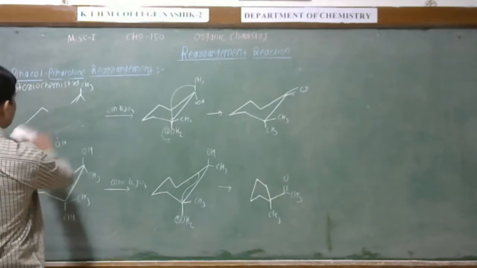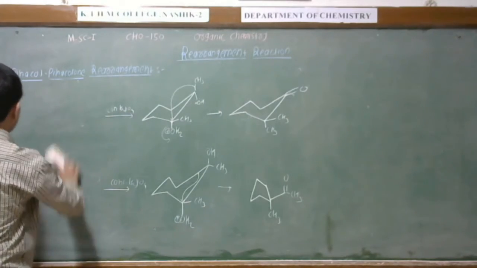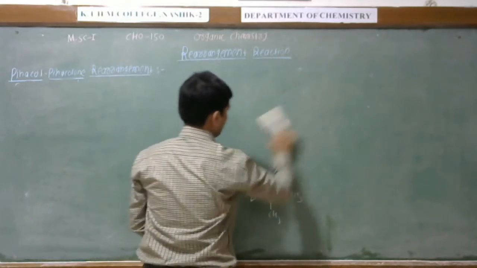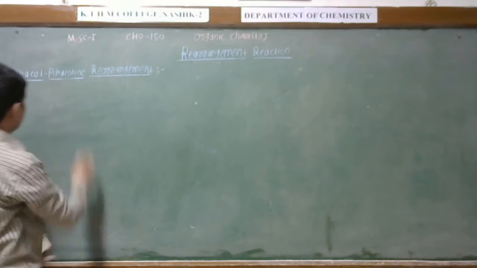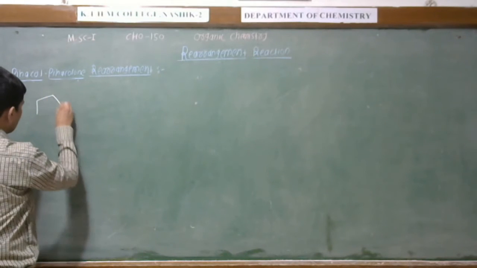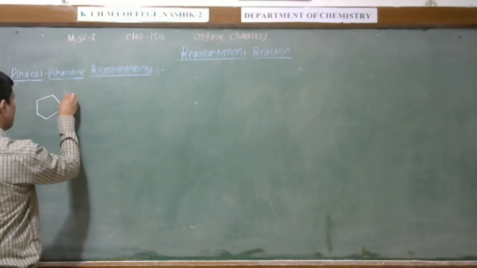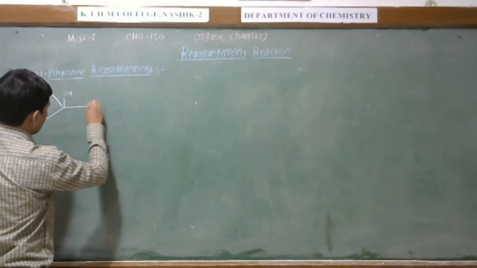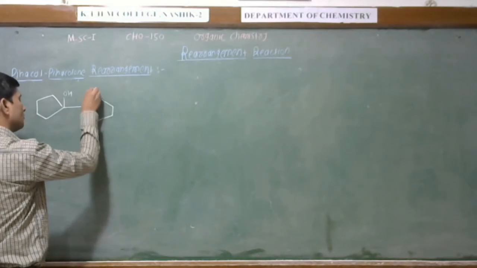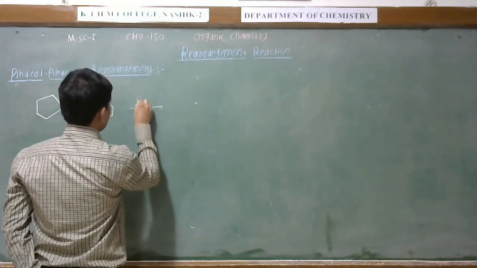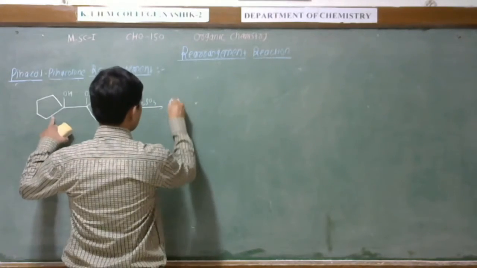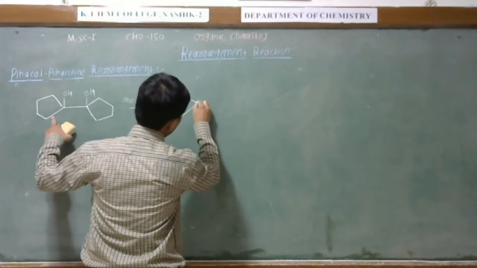See, this is the example. When this compound reacts with concentrated sulfuric acid, it undergoes protonation, and after protonation there will be formation of a good leaving group.